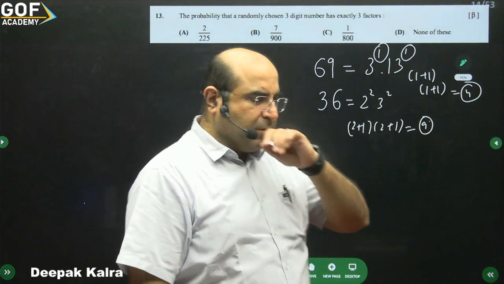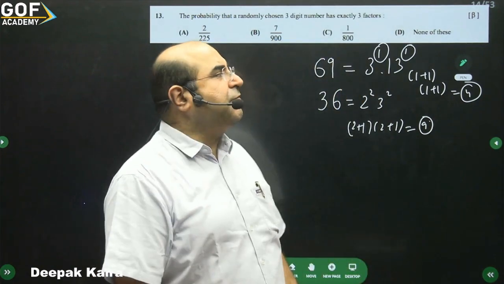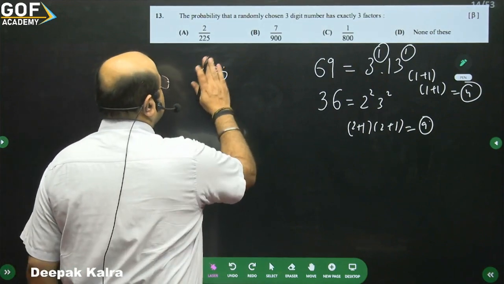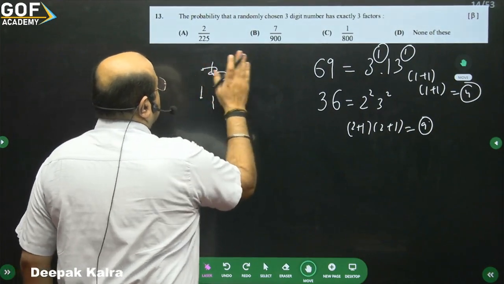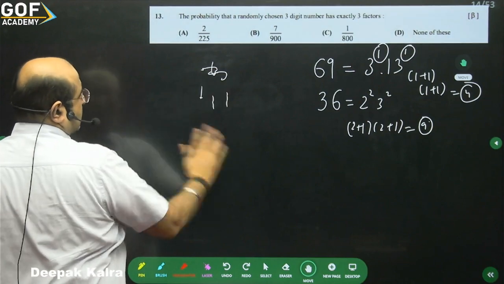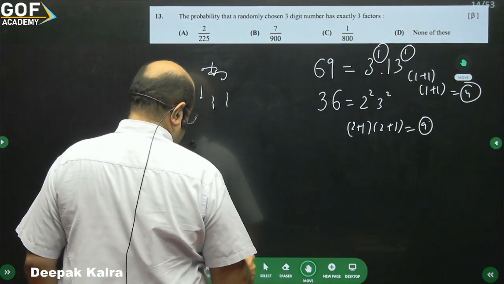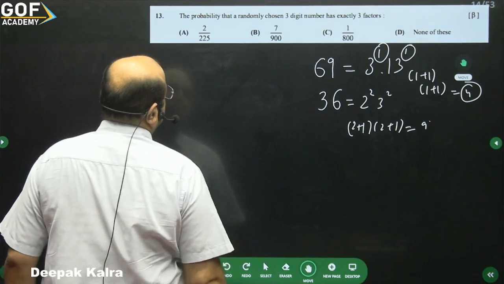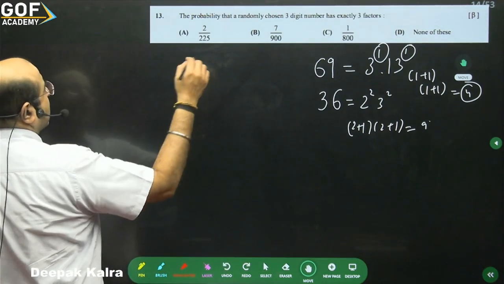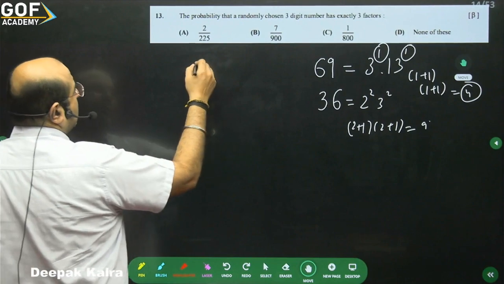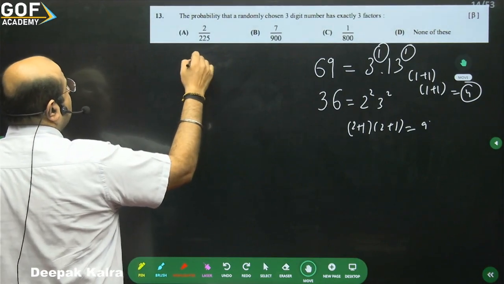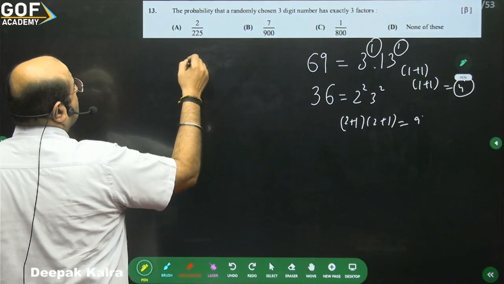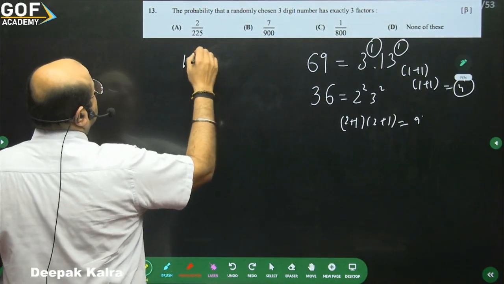So, whenever we want exactly 3 factors of a number, how will we get it? It is possible only when the number is the square of a prime number.